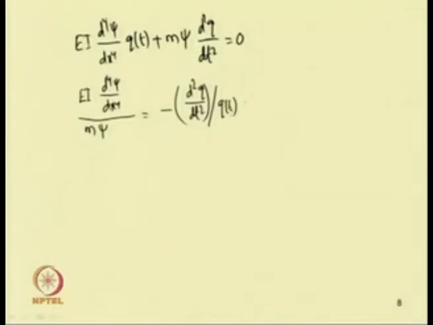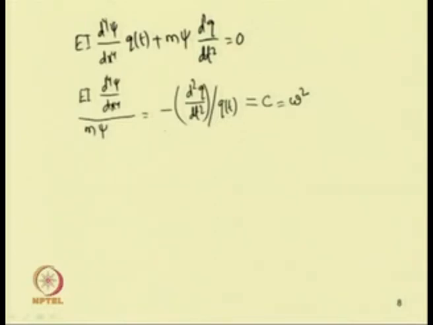So, one can see that the left side is a function of space coordinates and the right side is a function of time. So, as they are equal, they should be equal to a constant, and this constant will be nothing but equal to ω², because this d²y/dt² is the acceleration term and q is the displacement, and in this case acceleration is proportional to displacement, and this constant of proportionality is nothing but the square of the natural frequency.